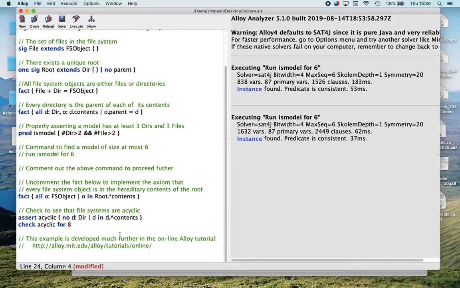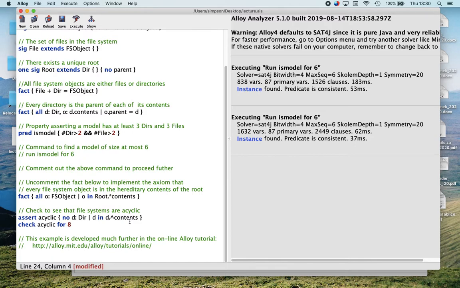But we want to see, are there models in which... so here I'm asserting a fact that we want to check. I'd like to state this as a property that follows from the axioms. So I'm asserting we believe it is the case from the axioms that there are none of these loops in the file system under the contents relation.